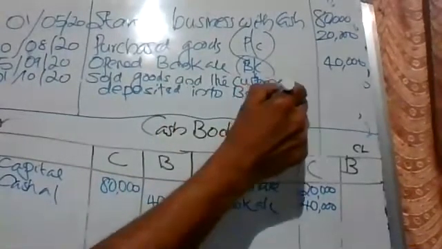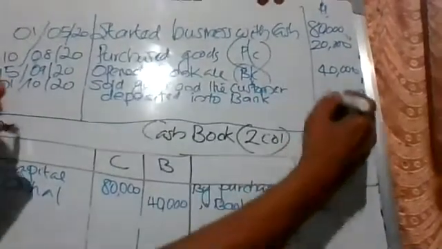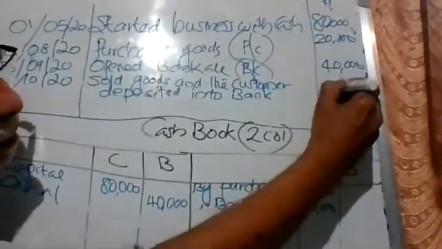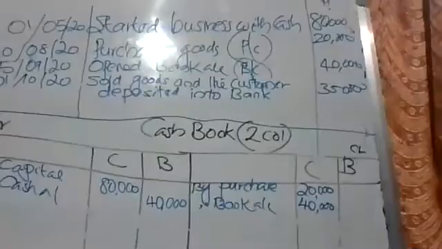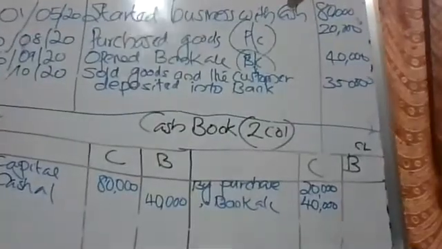Somewhat indirect. Are you understanding this transaction? Yes, sir. What's the meaning of this? Sold goods and the customer deposited.